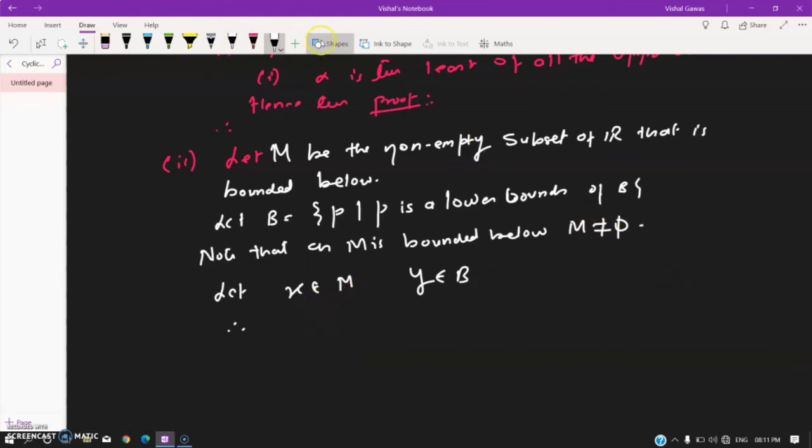Okay, so let's draw that and understand. Drawing would help us to understand what is happening. Okay, so let's understand by drawing a figure.